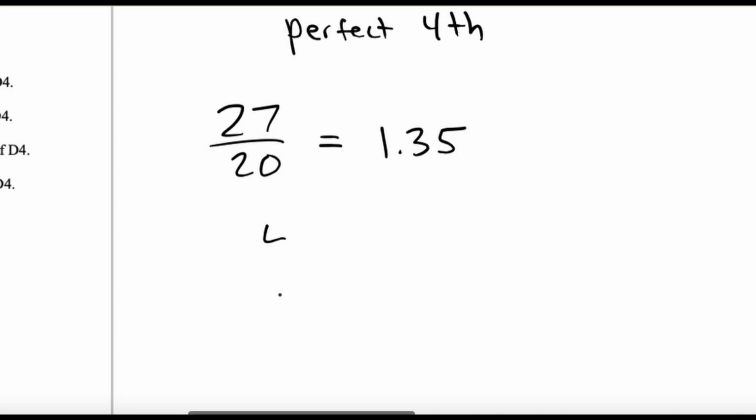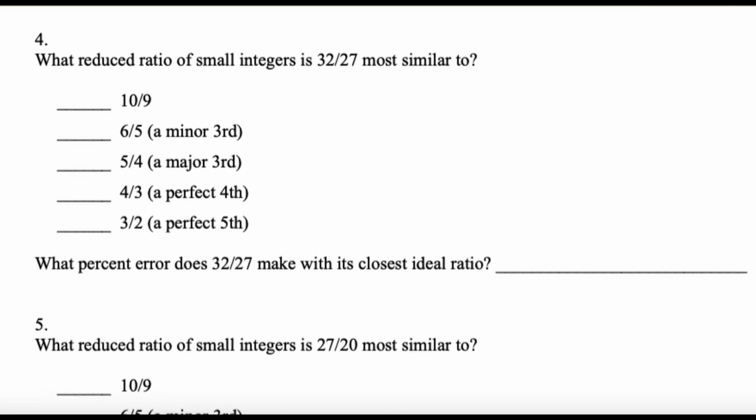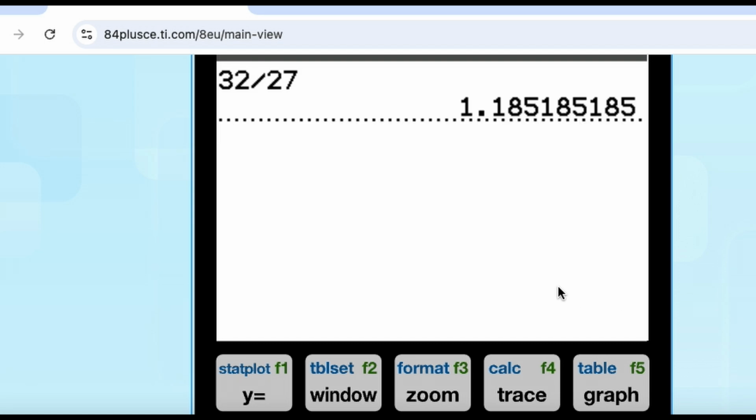A perfect fourth would have been 4/3, which is 1.3 repeating. The next question says, can you find the percent error between one of these problems and the ideal ratio? So you've got 32 over 27. They want to know what it is most similar to. You should divide it on a calculator first. 1.185 repeating.